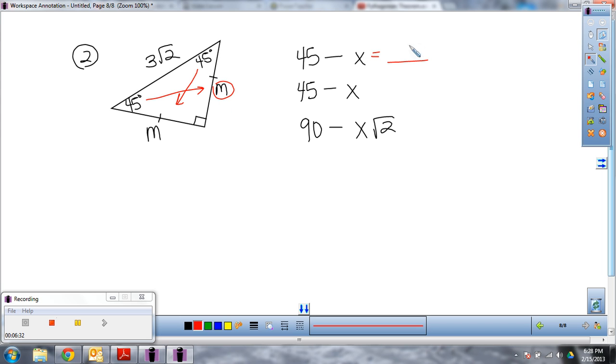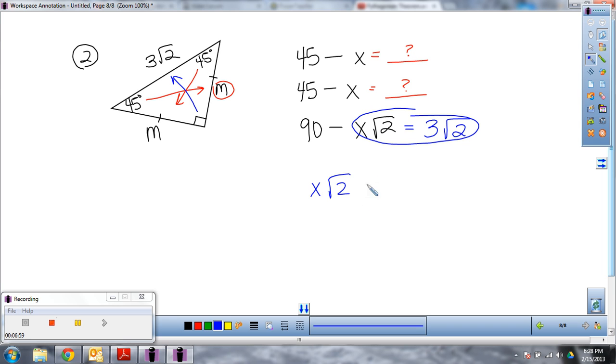So we need to find our x. And in order to do that, we're going to have to use the information that's across from our 90. 90 again is represented by x square root of 2, which we know is equal to 3 square root of 2. So we can use this equation to help us find our x.